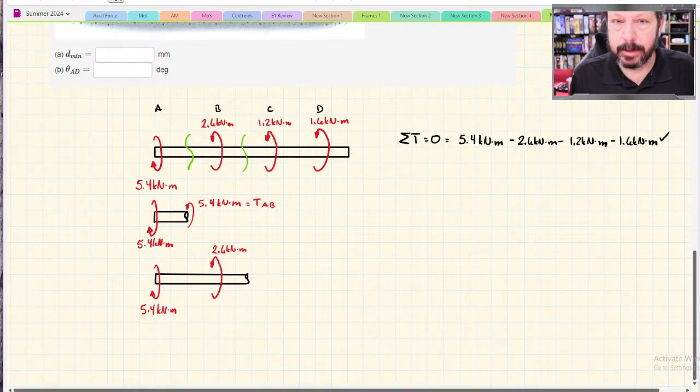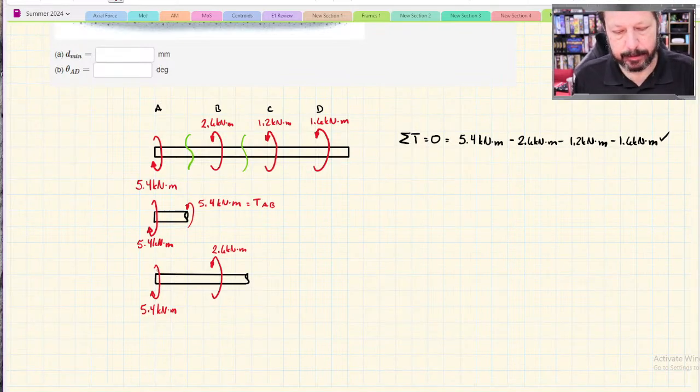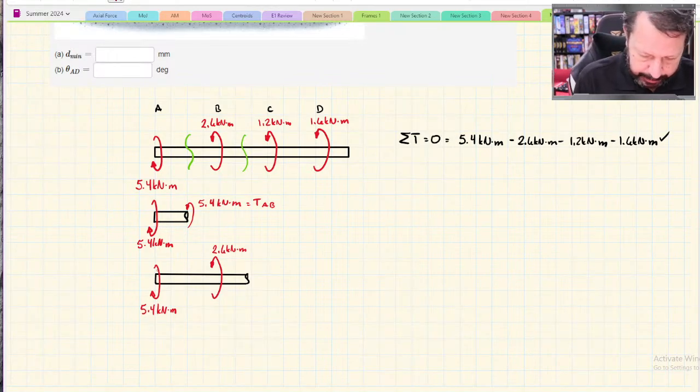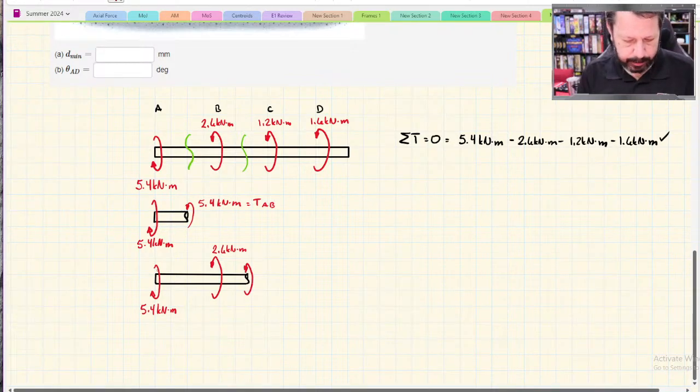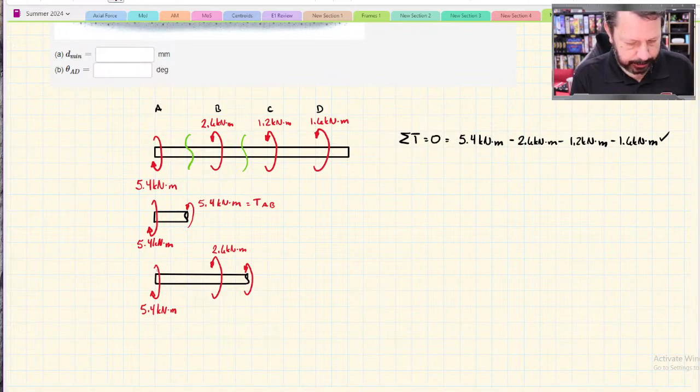In this course, actually on Monday, we'll get a little hint of how B, C, and D get sorted out. But this course is more concerned with what the stress is in these sections or the angle of twist, if I know that. So here, in order for this to balance, I've got 5.4 and then minus 2.6.